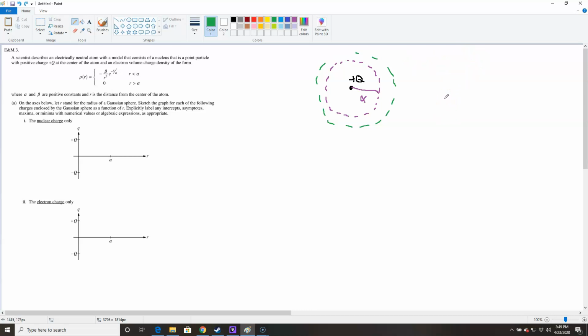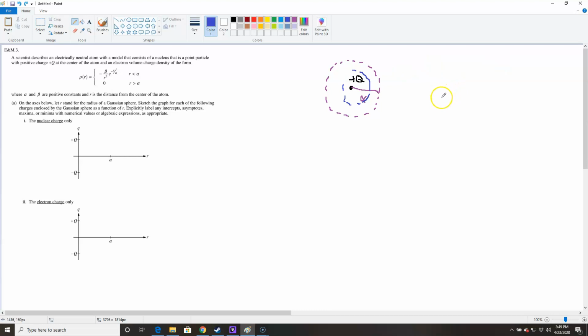Now, if I were to draw a Gaussian surface inside, the Q enclosed would be greater than 0, but it would be less than positive Q. Sorry about that quick slip.